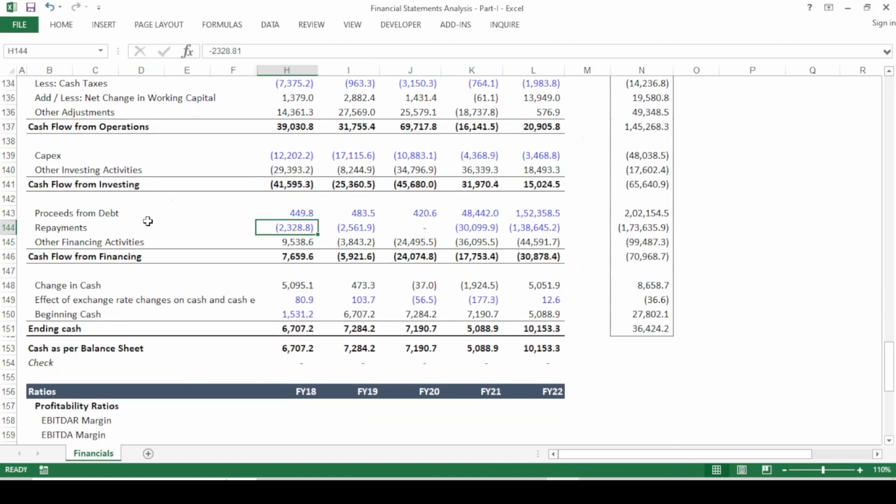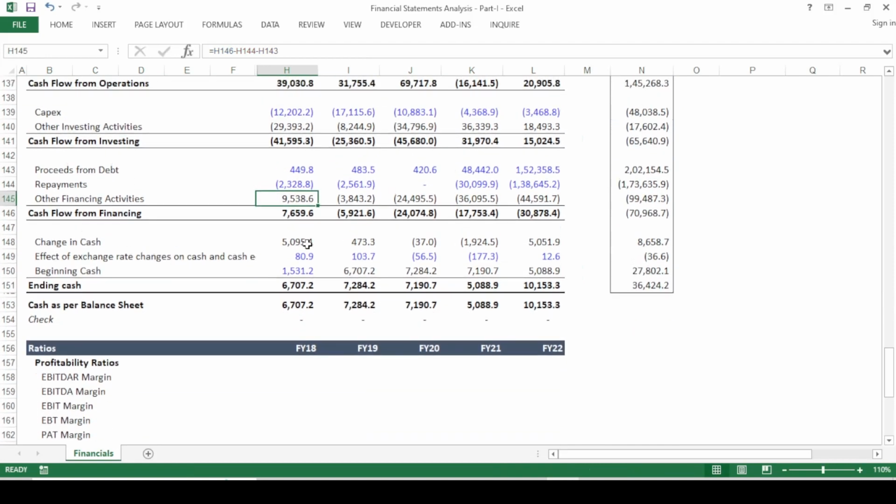Then we can have certain expenses pertaining to the lease liabilities or the dividend expenses or the issuance of some stock or shares. Whatever money the company has generated from the issuance of stocks or preferred shares or maybe convertible securities will come under the purview of the cash flow from financing. Again, for the other activities, I have taken this as a plug.